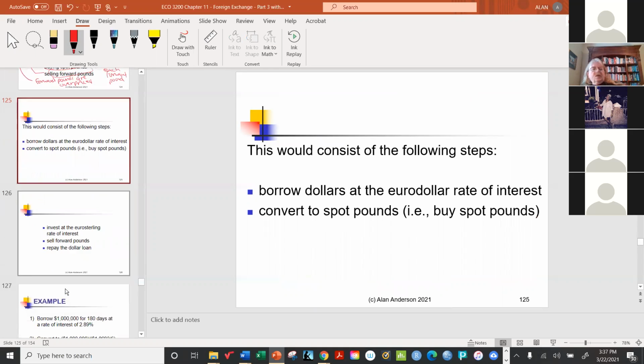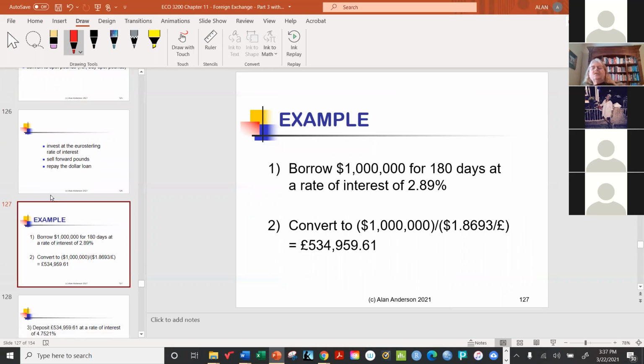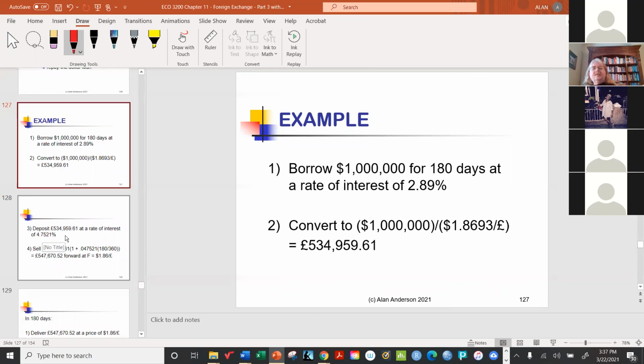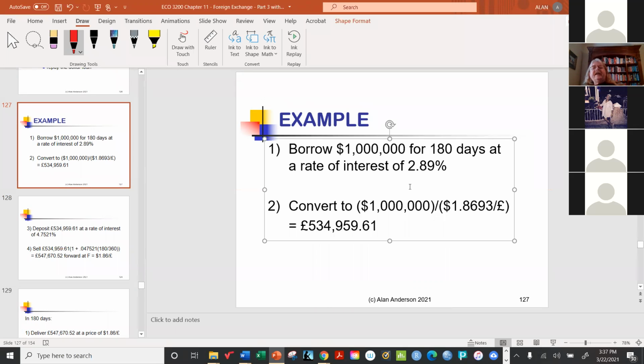All right, so let's watch this happening on the diagram. Here's what we're going to do. Borrow $1 million for 180 days at the eurodollar rate. Immediately convert them into pounds like we did earlier. Deposit them. These pounds have to go into a euro sterling account in order to earn interest. I can't leave these in a dollar account.